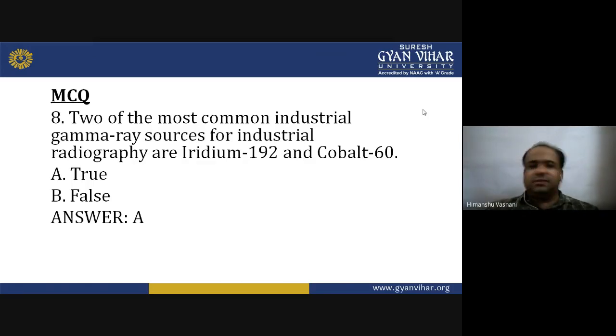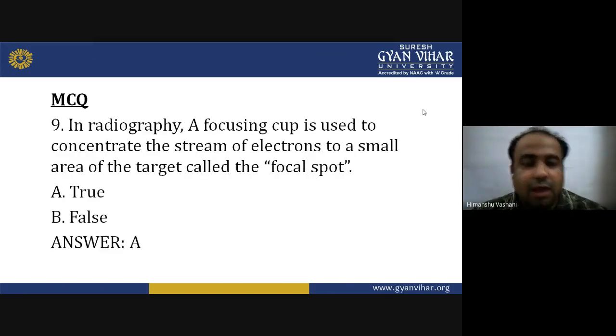Two of the most common industrial gamma ray sources for industrial radiography are iridium-192 and cobalt-60, which we have just discussed in the previous slides. Now, in radiography, a focusing cup is used to concentrate the stream of electrons to a small area of the target called the focus spot. I've shown you this in the diagram also. True or false?